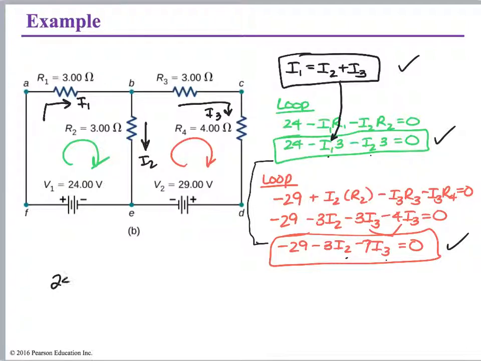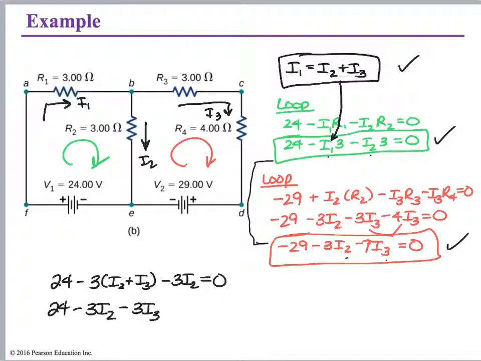I get 24 minus 3, and then I'm going to replace I1 with I2 plus I3. Minus 3 I2. So we get 24 minus 3 I2 minus 3 I3 minus 3 I2 equals 0, which is equal to 24 minus 6 I2 minus 3 I3.